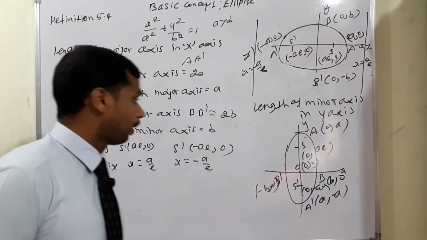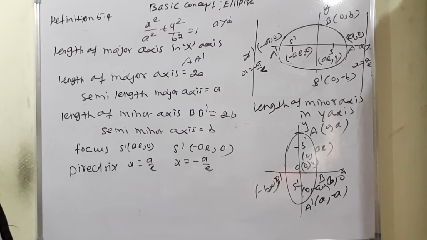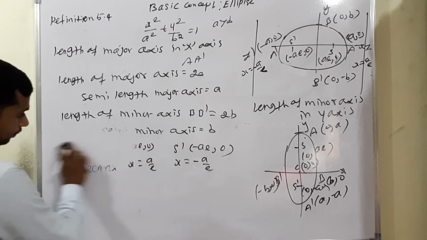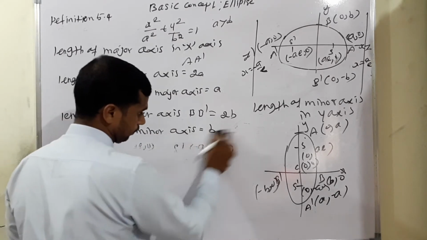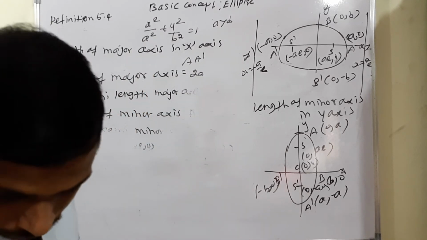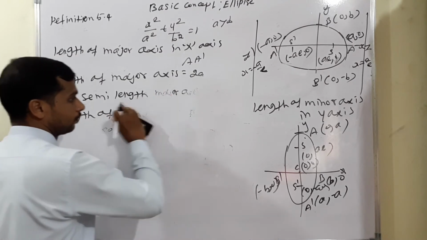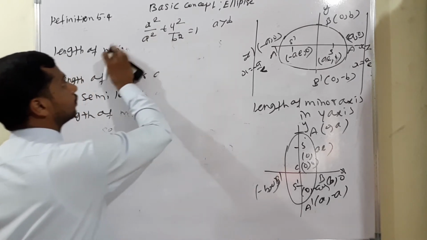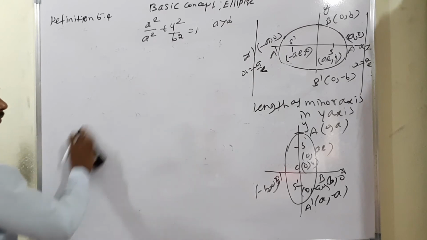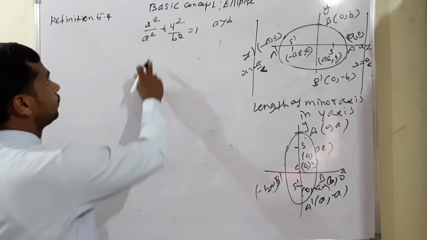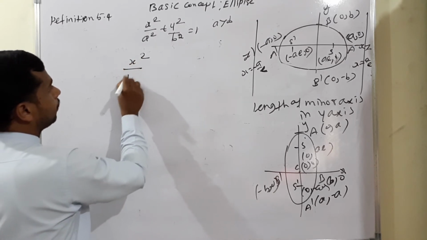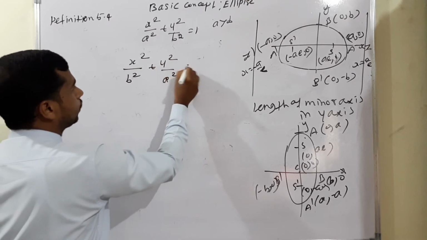Okay, now I am moving to the basic form, that is eccentricity. How to find the eccentricity? One of the important two-mark questions. Sometimes the general equation of the ellipse is x square by B square plus y square by A square is equal to 1, where A is greater than B. When the denominator value is greater under y square, we write x square by B square plus y square by A square is equal to 1.